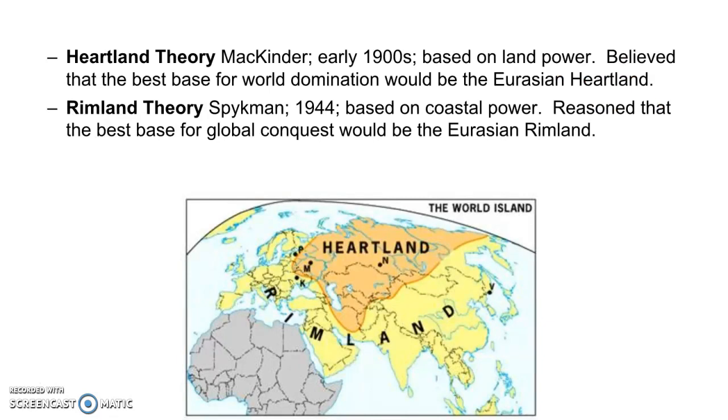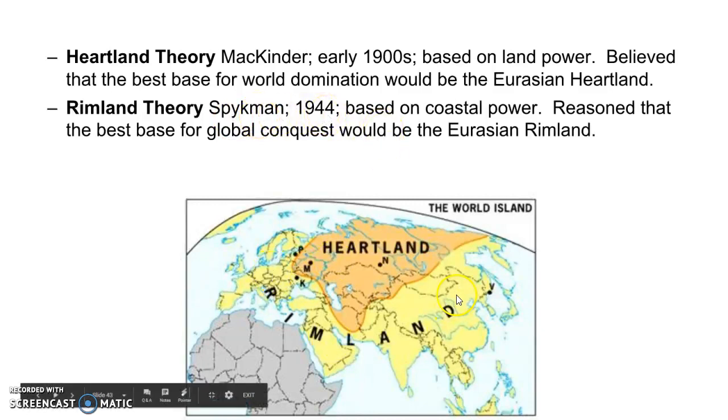Right. So these are two theories, the Heartland theory and the Rimland theory, that you definitely need to know. Mackinder's came out in the early 1900s. It's based on land power right here. So if you were going to possess world domination, you would need to possess this right here. However, the Rimland theory by Spykman in 1944 was based on coastal power.